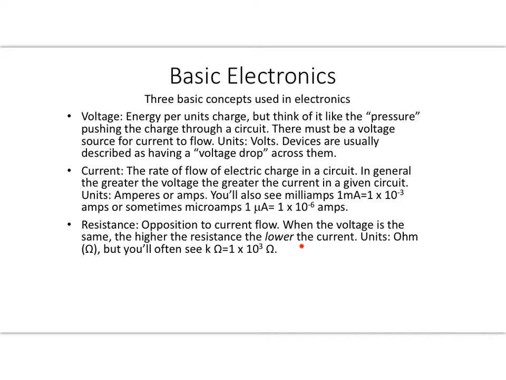Then when the opposition gets higher, the current's going to get lower. The units for resistance is the ohm. Almost always you'll see this Greek symbol here for the ohm, and you'll often see kiloohms, which is 1 times 10 to the plus 3 ohms.